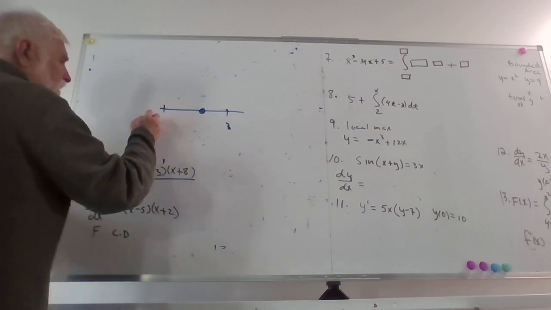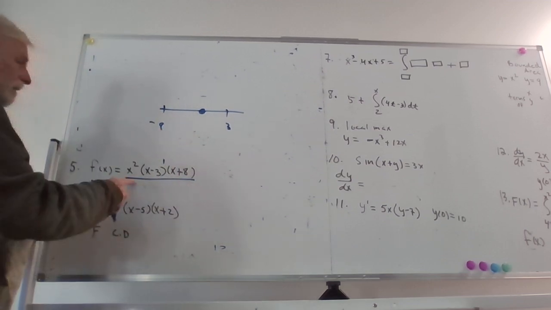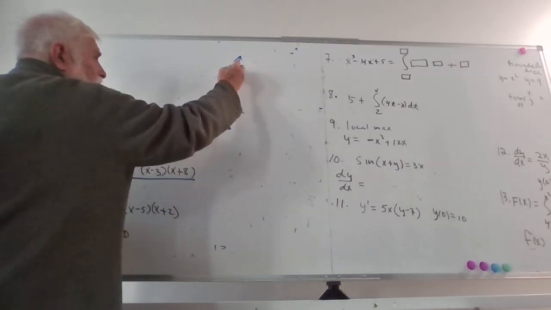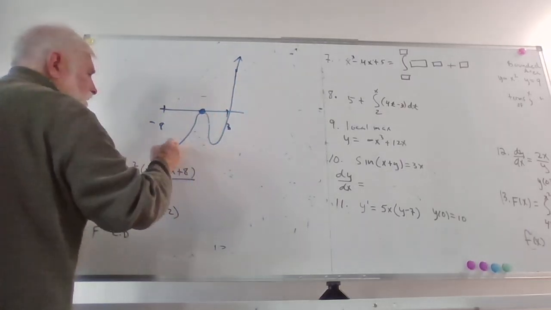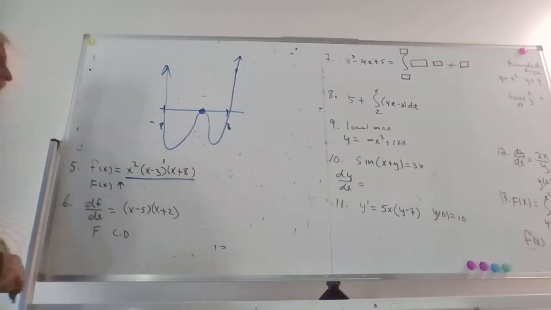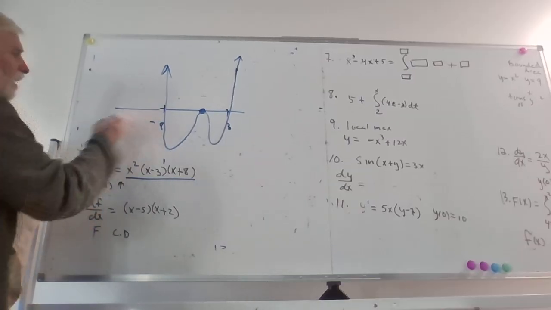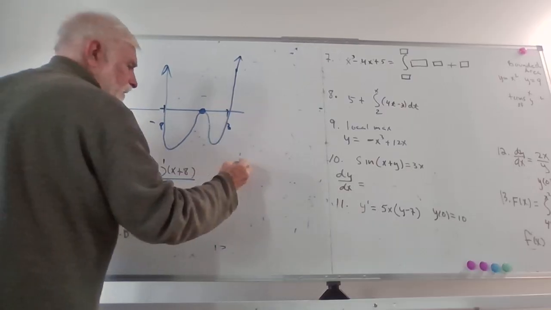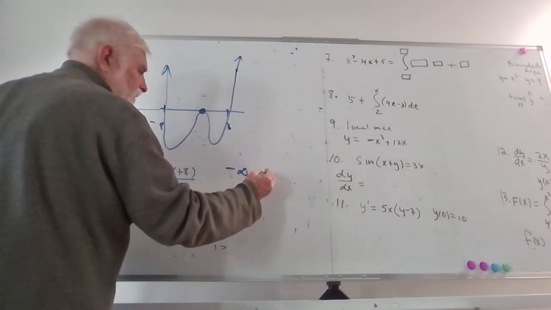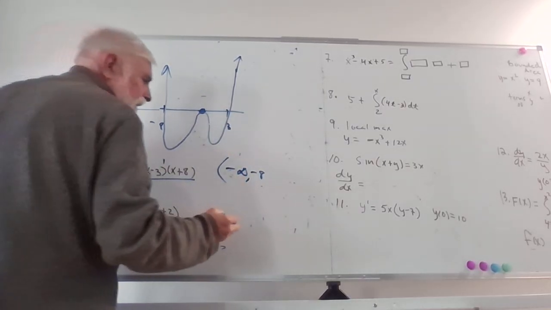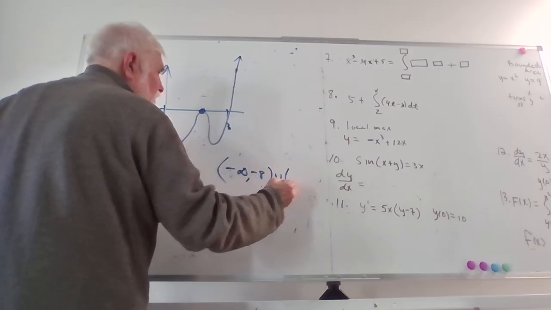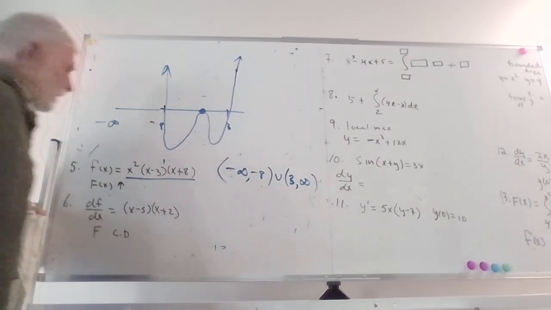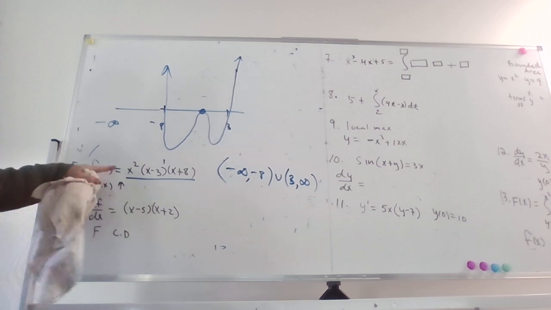Negative 8, linear change. Big number in, big number out. When am I positive? From negative infinity to negative 8, and 3 to infinity. Negative infinity, negative 8, you can't bound. Negative infinity, union, 3 to infinity. That is when big F is increasing.